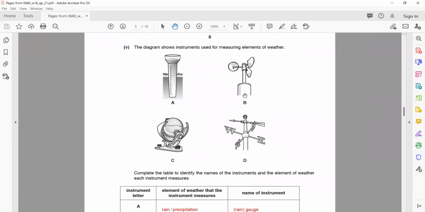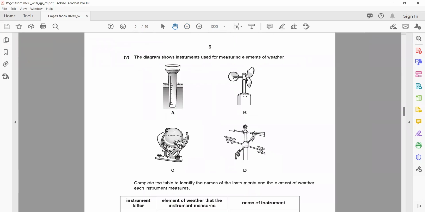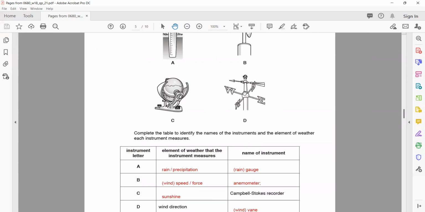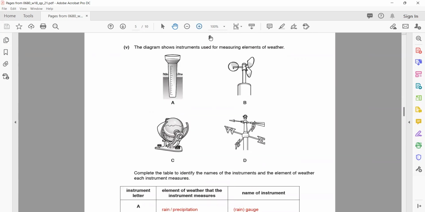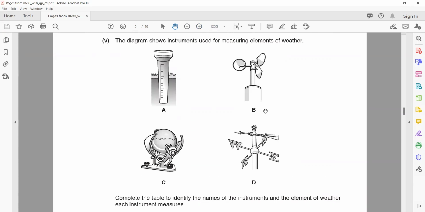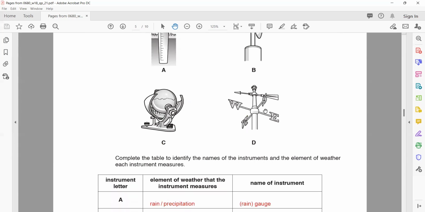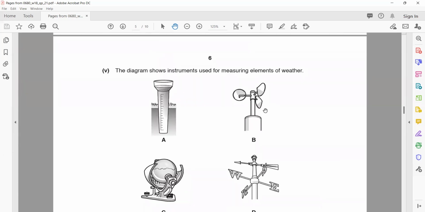Now, these are the devices which are used to find the different weather conditions. You should know their names. In the syllabus I tried to find, they are not there, but as a past paper question you should solve them. It's just information.